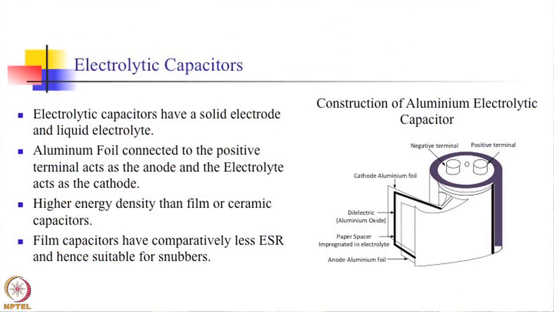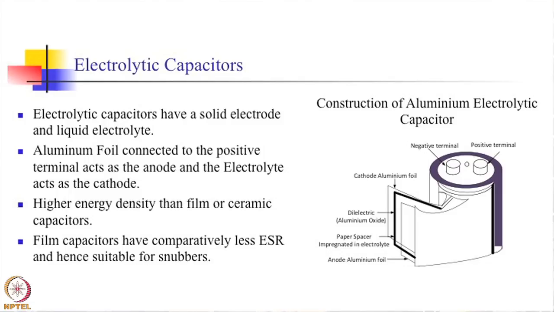Now, the second form of capacitor after the film capacitor is the electrolytic capacitor. An electrolytic capacitor can give you a much higher capacitance per unit volume compared to film capacitors, and that is the reason why they have a high series resistance. They also suffer from the inability to withstand high reverse voltages, and that is why they are unipolar capacitors.